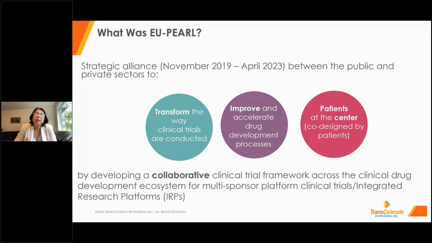So EU-PEARL undertook this challenge and developed an innovative generic framework known as the Integrated Research Platform. And this platform allows for significantly improving and accelerating medicine development and thus allowing for speedier access to new and more effective treatments. Next slide, please.